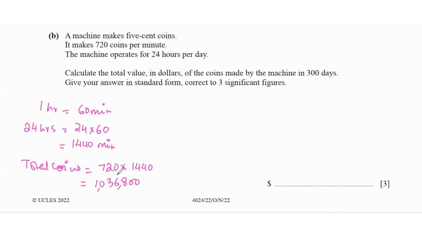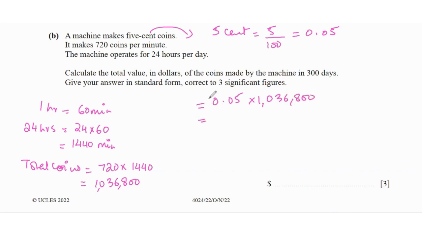Now it says find the total value. So 5 cents in dollars is going to be 5 over 100, which is 0.05. So you multiply the total coins by the value of each coin. So 0.05 times our total coins will give us the value of these coins.